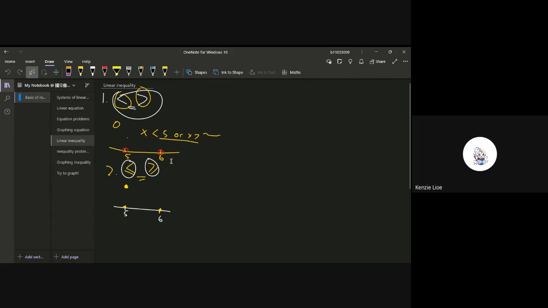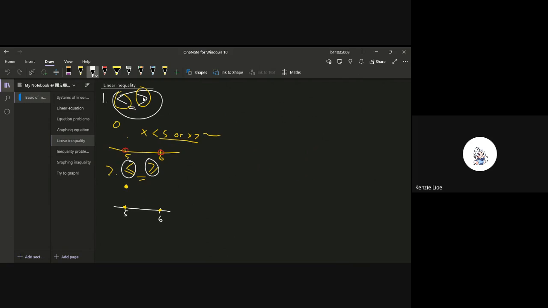For the linear inequality, I think it's more complicated because you have to draw the graph if you want to make sure what the answer is.